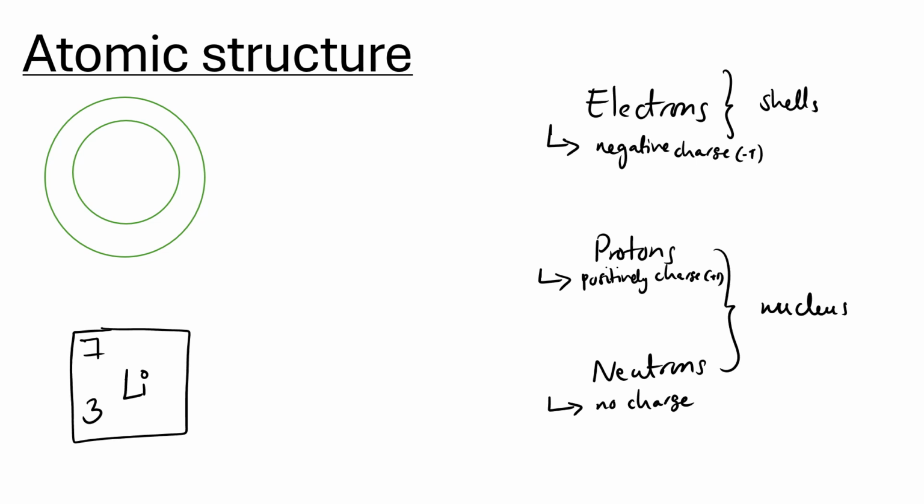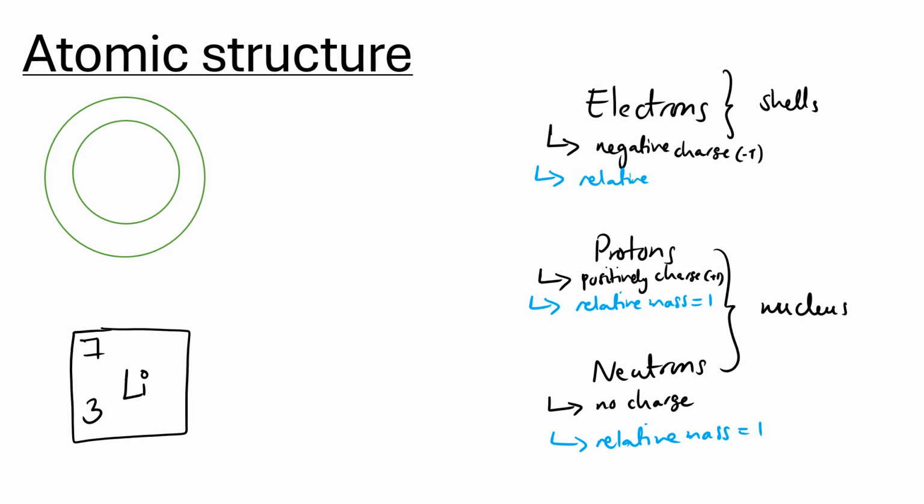So electrons, protons and neutrons are the three subatomic particles. Now something else you need to know is the relative mass of each of these subatomic particles. With neutrons the relative mass is 1, protons is also 1, and electrons, now the mass is insignificant.